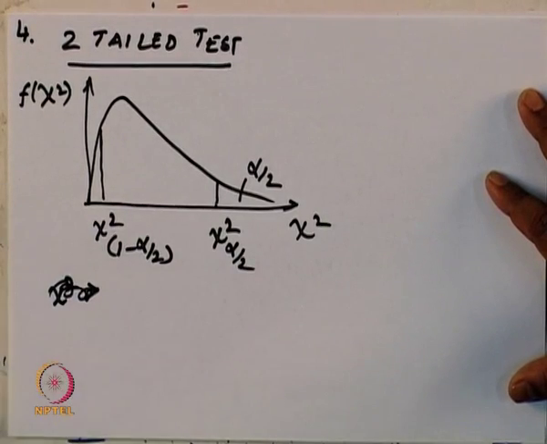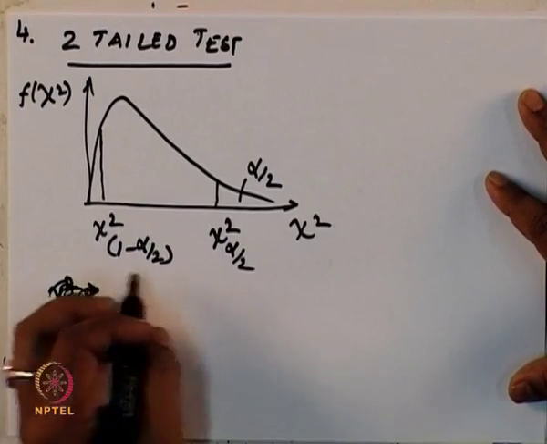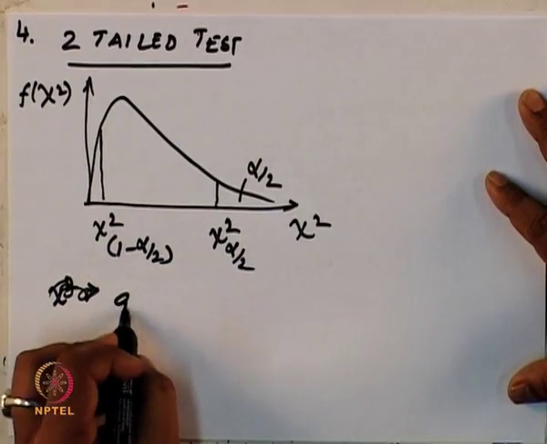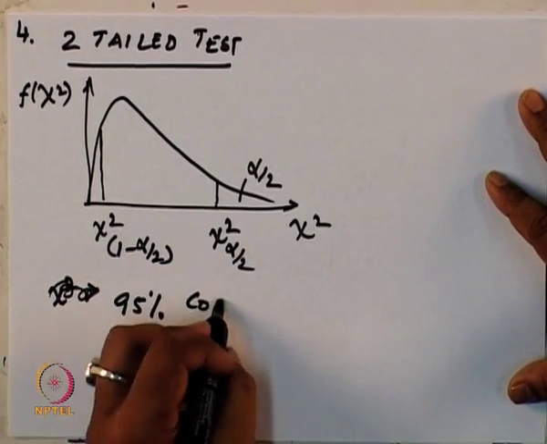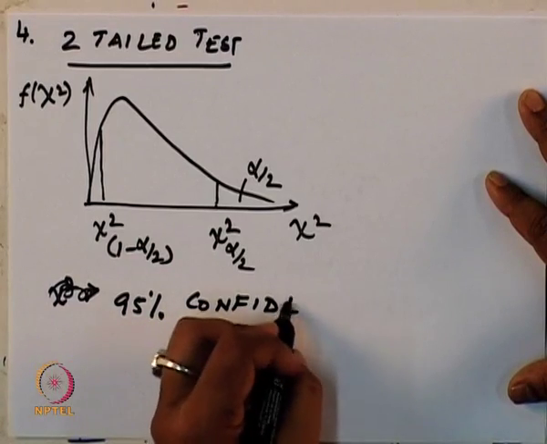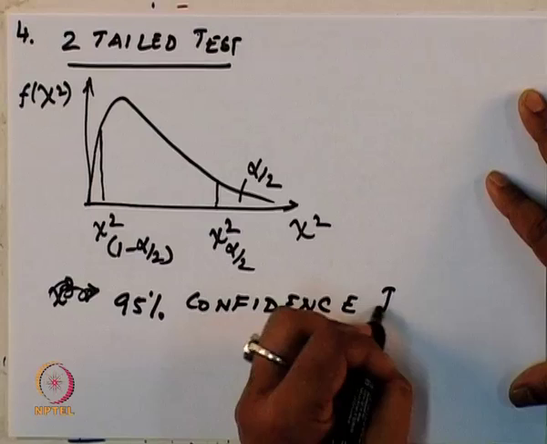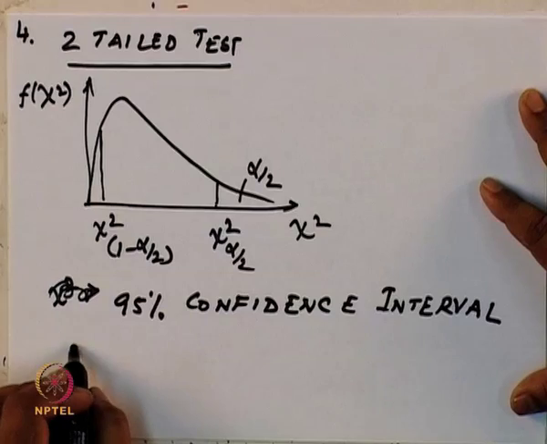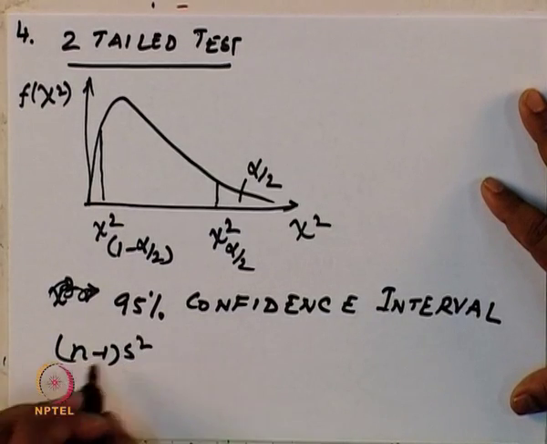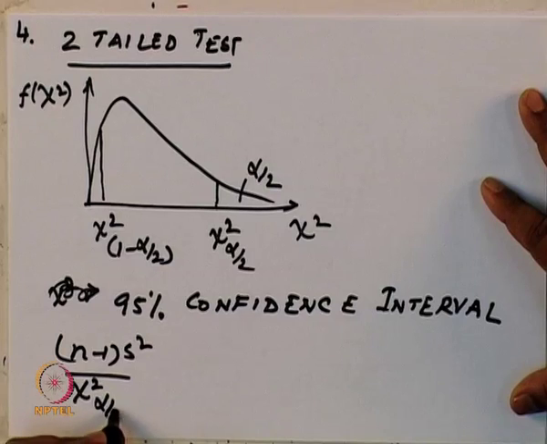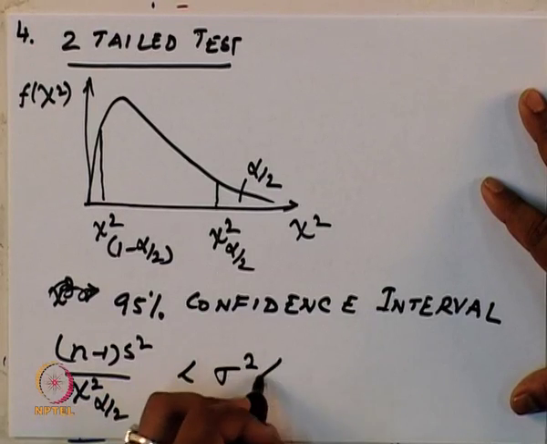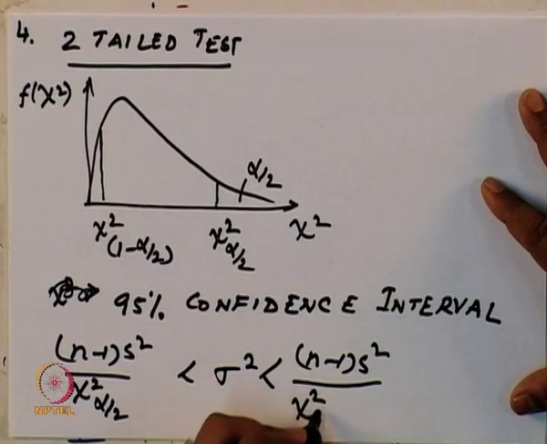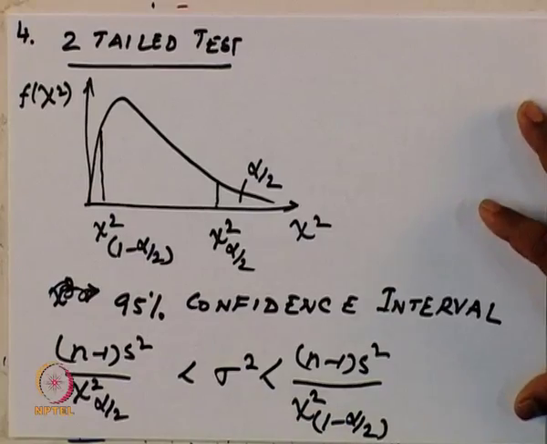The confidence interval for a two-tailed test, the 95% confidence interval, is given by n minus 1 times s square over these values.